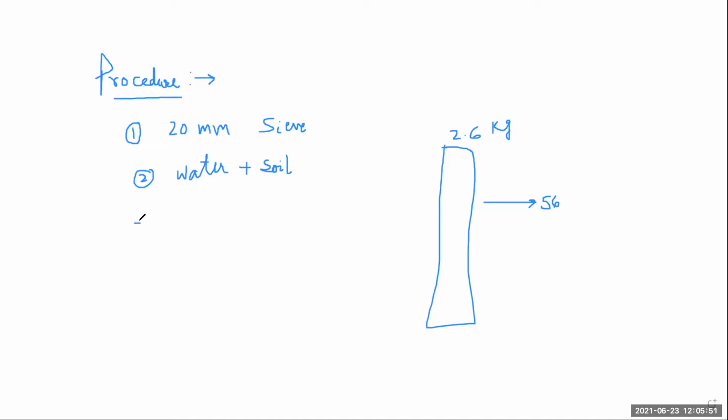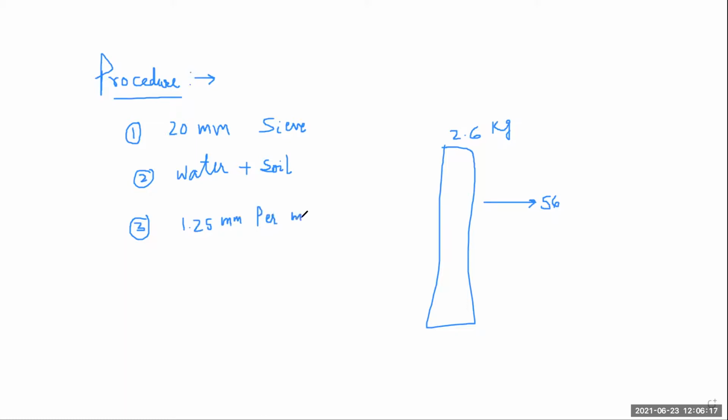So basically, through the plunger, the penetration is applied at a rate of 1.25 mm per minute. We do not provide the load all at once.